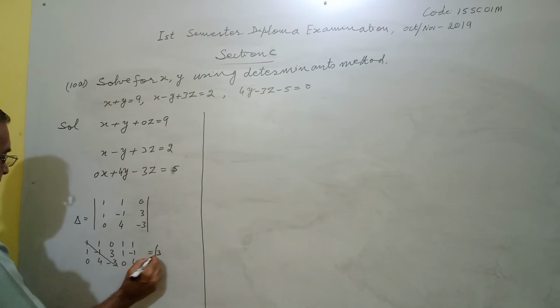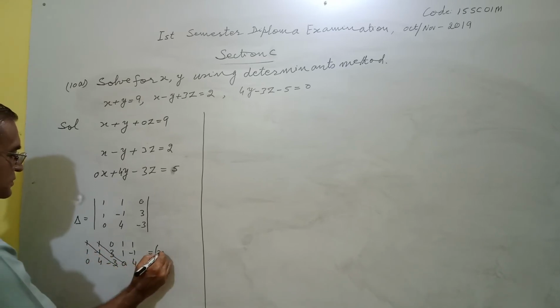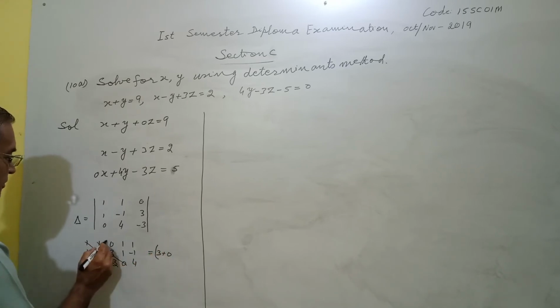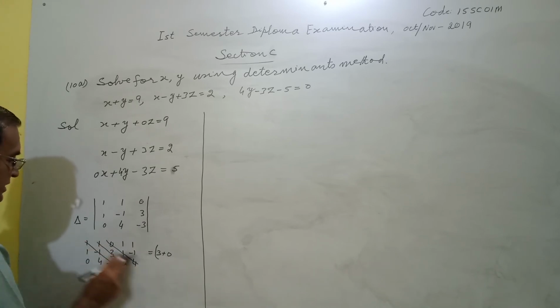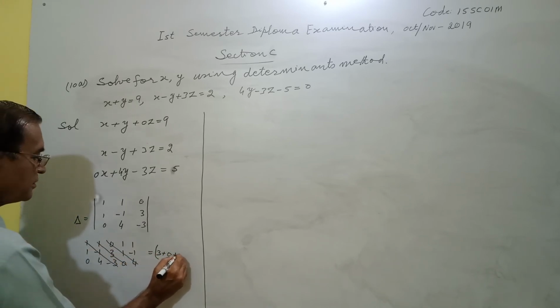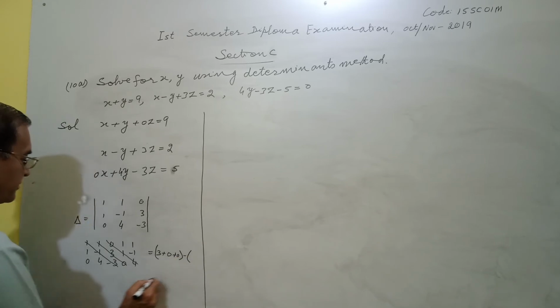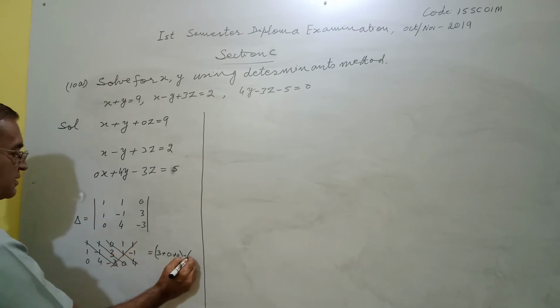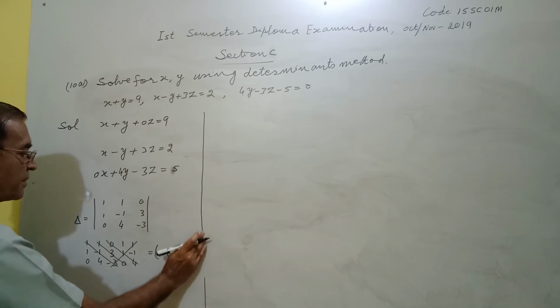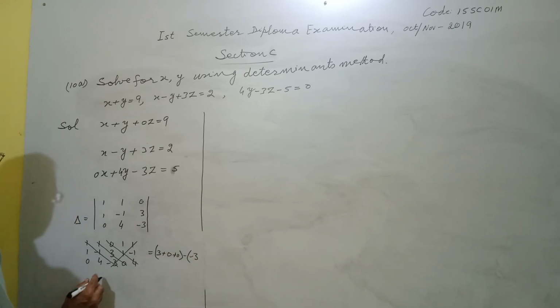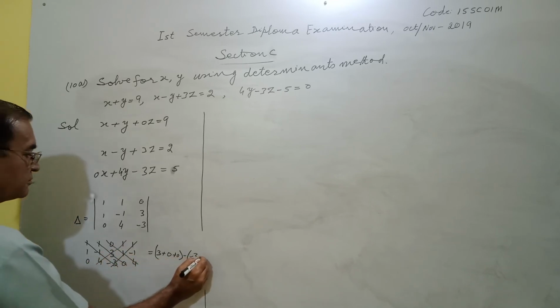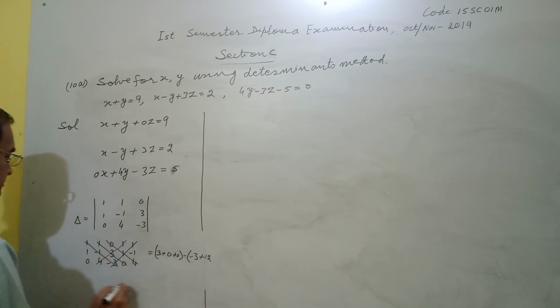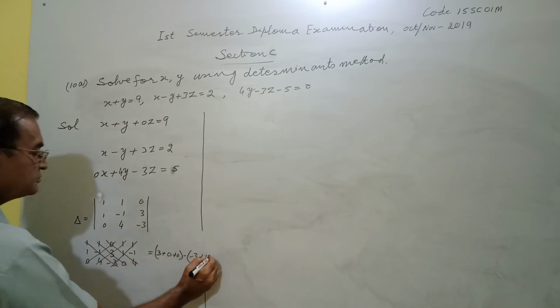Plus 3, 0, multiply 3, 3, minus 3, plus 12, 0.